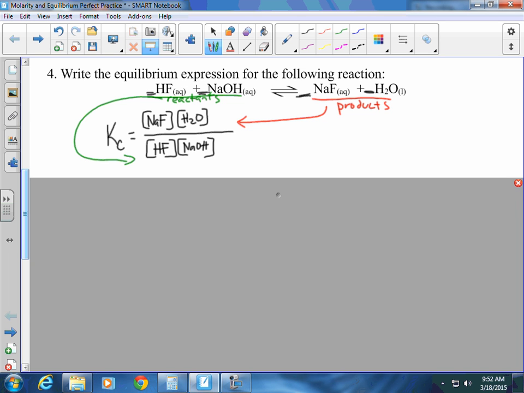I do not need to put in the number 1 because anything raised to the first power is itself. Okay, these are always done the same way. Products on top, reactants on the bottom, and we're dealing with concentrations because it's the concentrations that will become static at equilibrium, and we raise it to the coefficients that are in front.